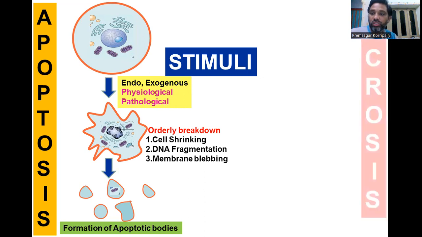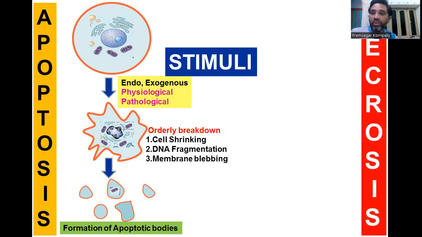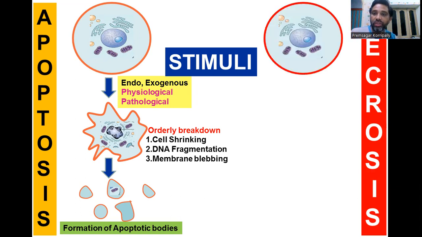Whereas in necrosis, on the other hand, the stimuli is always exogenous, and that too pathological.